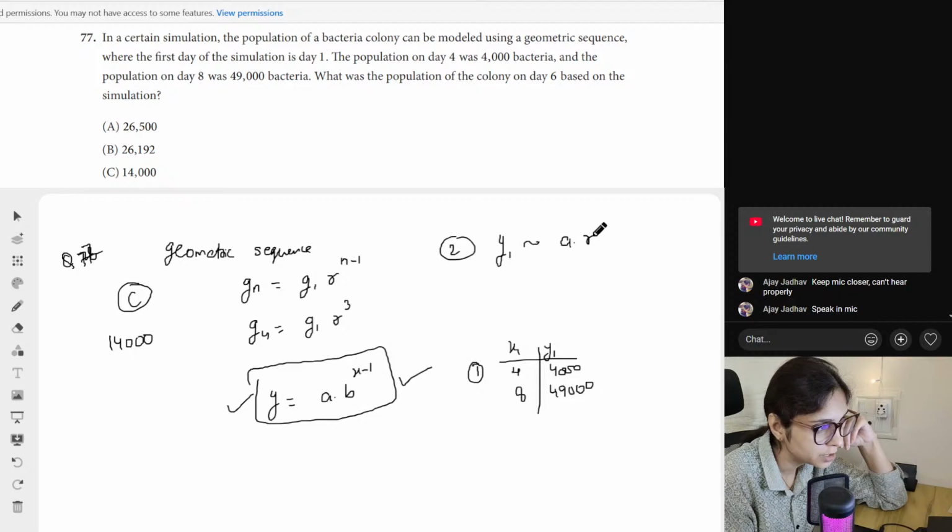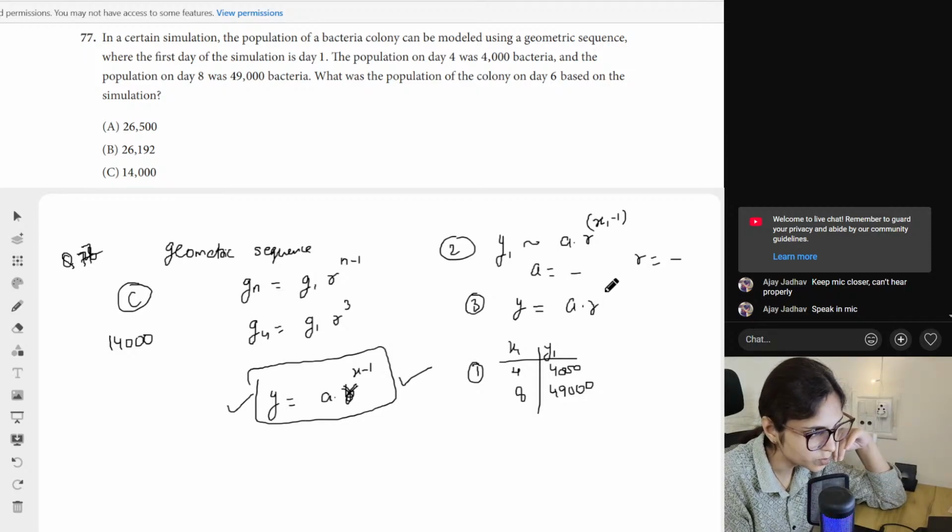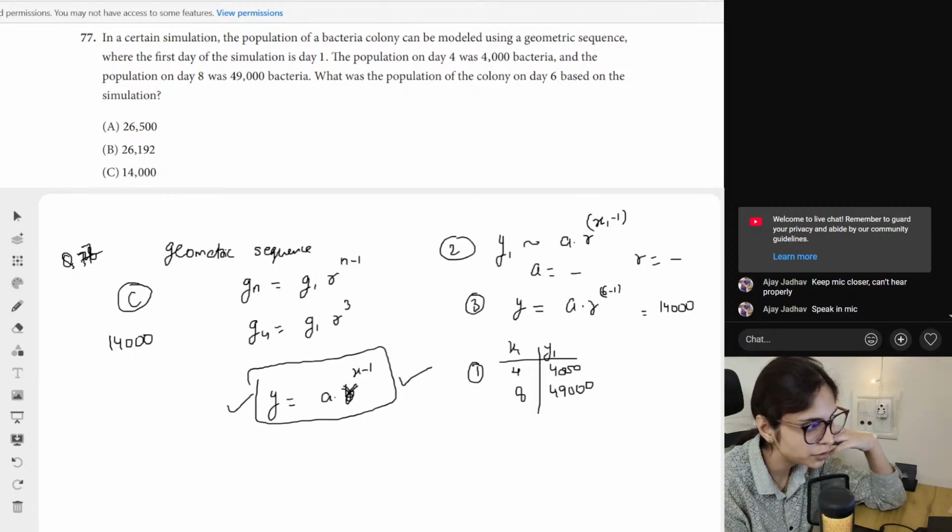It will be a times r to the power x1 minus 1. R is the common ratio. From here you will get what is a, you will get what is r. And the third thing, you want the sixth day. So y is equal to a times r to the power 6 minus 1. And the answer you get is 14,000. And that's about it. Moving on to the next question.